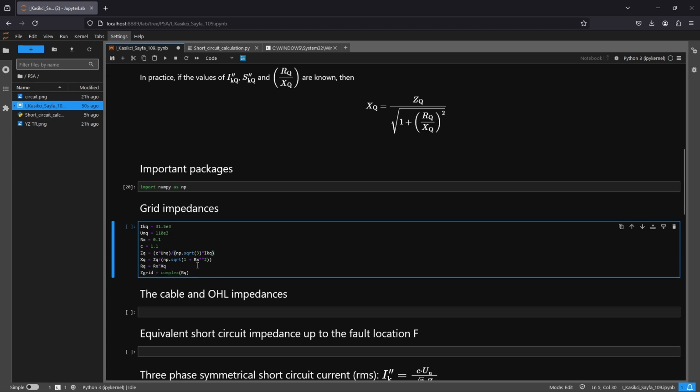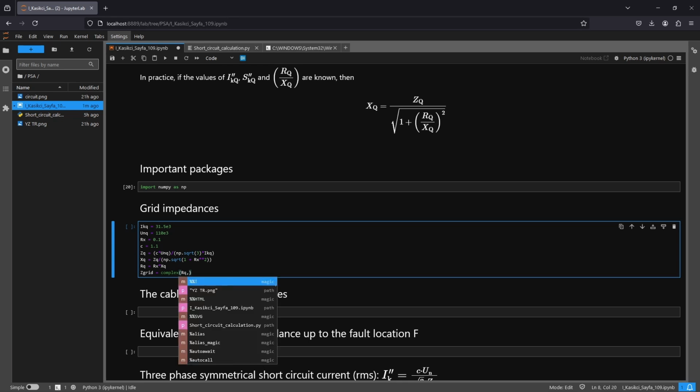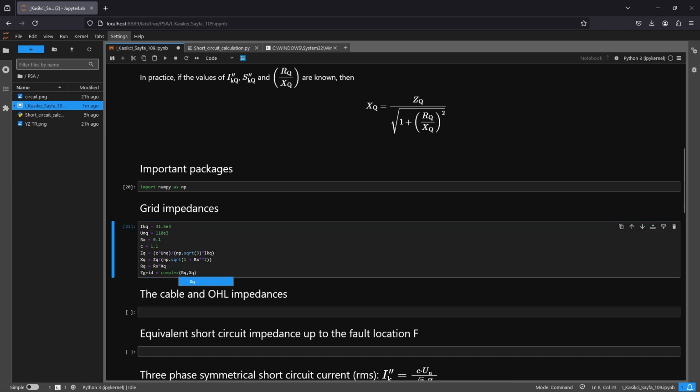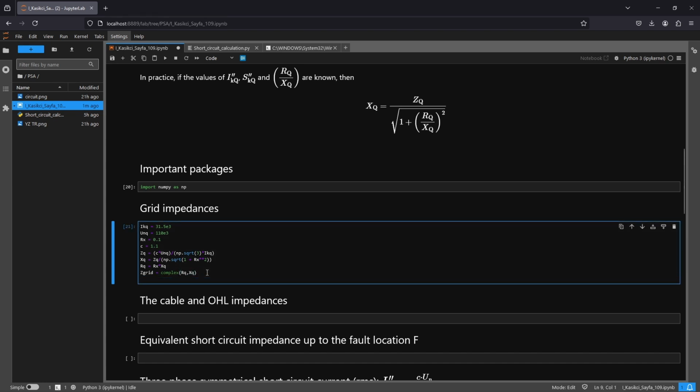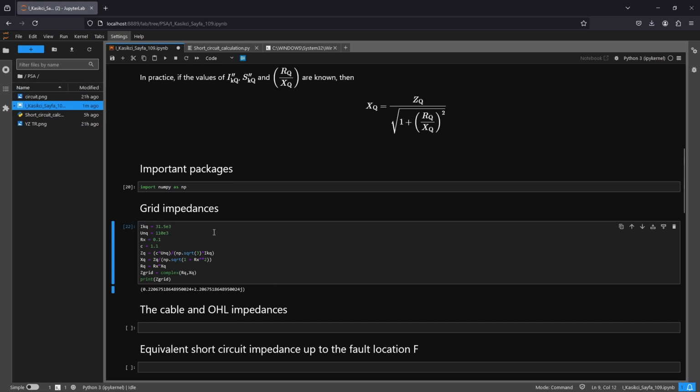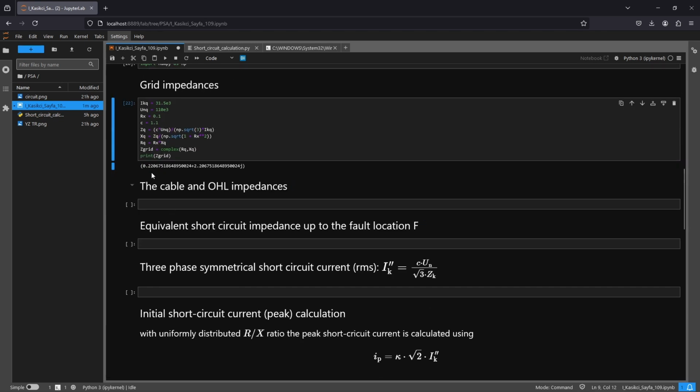If we have RQ and XQ, we can construct the complex form R plus jX. To write it in Python, it is RQ comma XQ. Let me run it. To show the complex impedance, I will just print Z grid. Here you can see the complex impedance. The first part is the resistance, and the second part is the reactance of the grid.